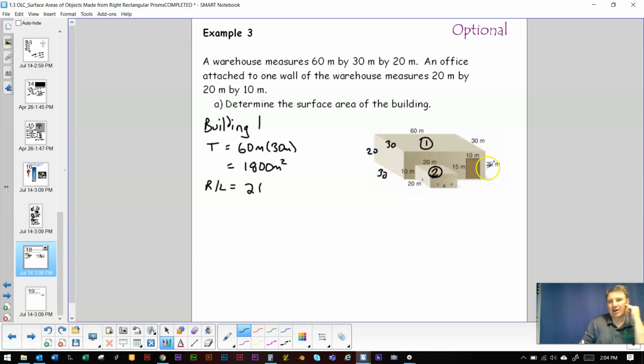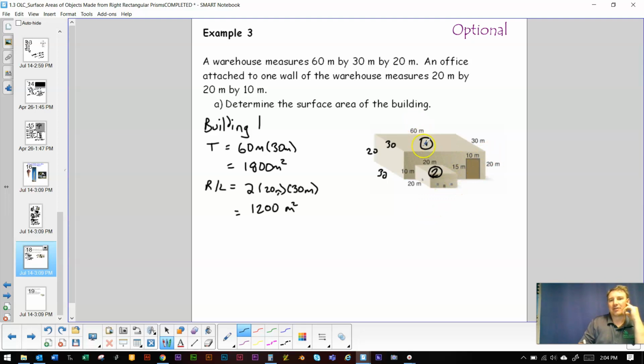I can tell that from right here. So it's 2 times 30 meters times 20 meters. 30 times 20 is 600, times 2 is 1,200 meters squared. So we've got the top of the building, we've got the right side and the left side.